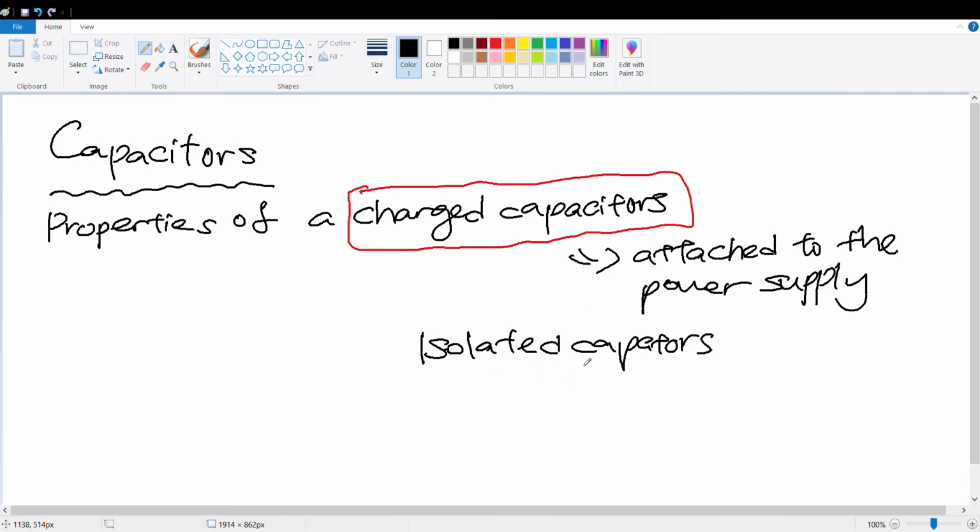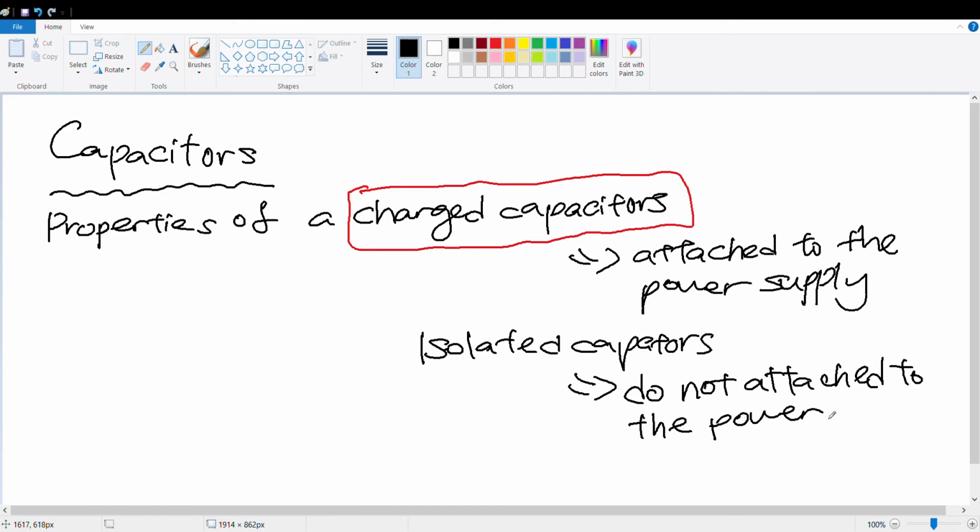This isolated capacitor does not attach to the power supply. So an isolated capacitor means the capacitor which does not attach to the power supply.